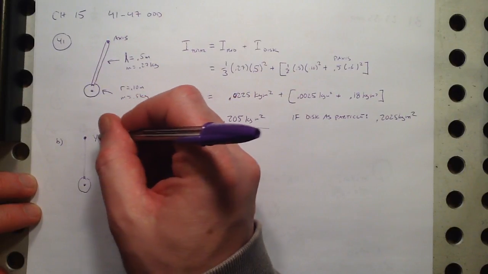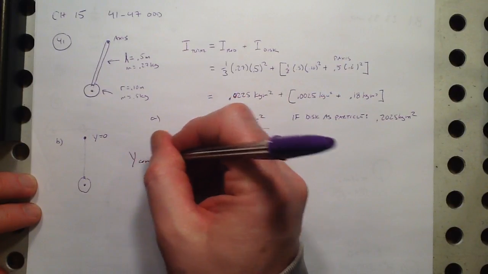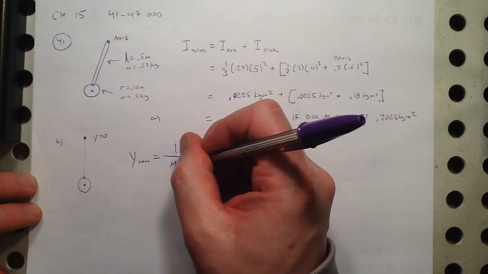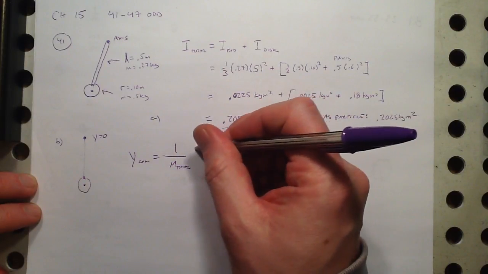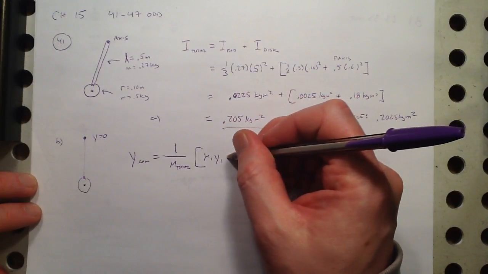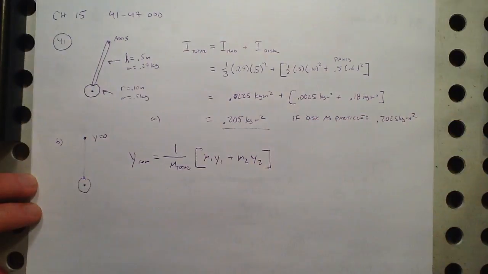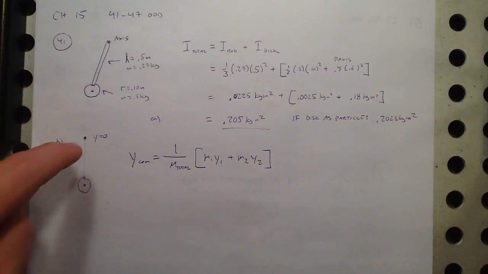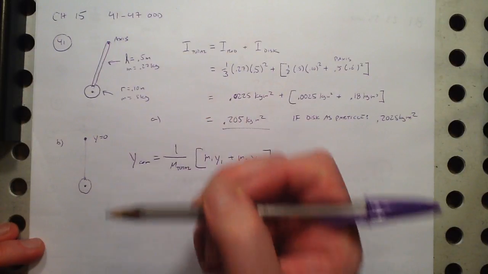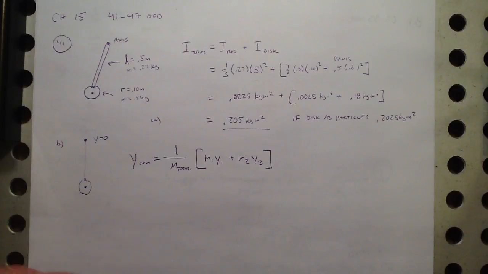I'm going to take this to be y equals 0 right here, and I know that the y center of mass is equal to 1 over the mass total times m1 y1 plus m2 y2. I'm taking this to be the 0 coordinate because then the actual distance I get, that will be the center of mass. It'll be that distance that I'm interested in.